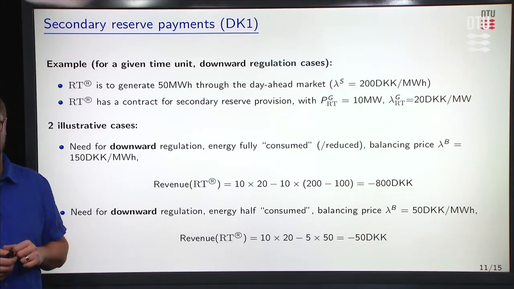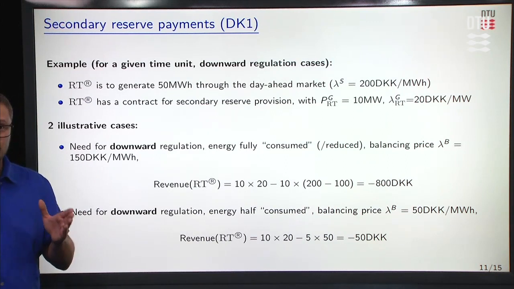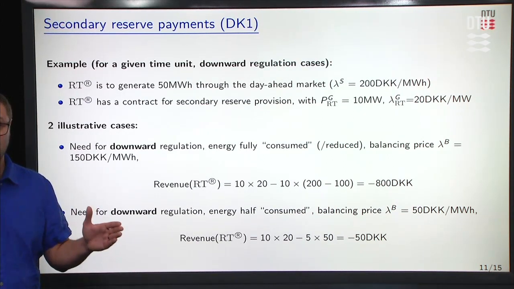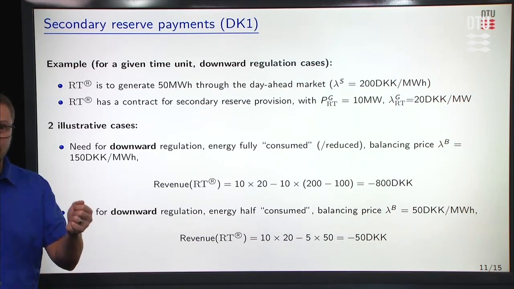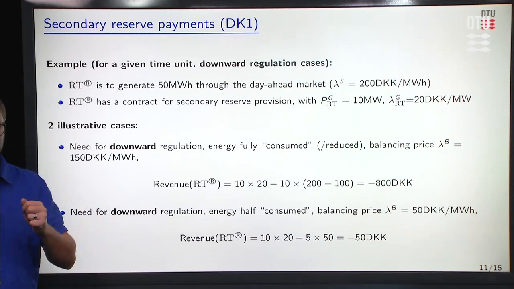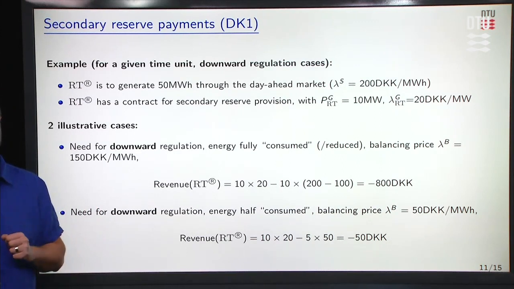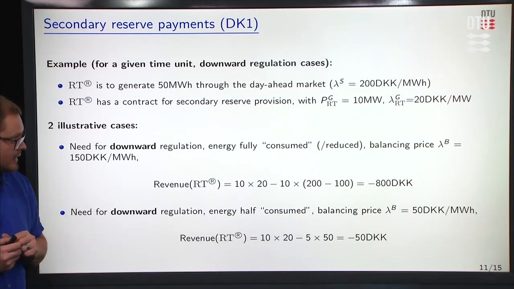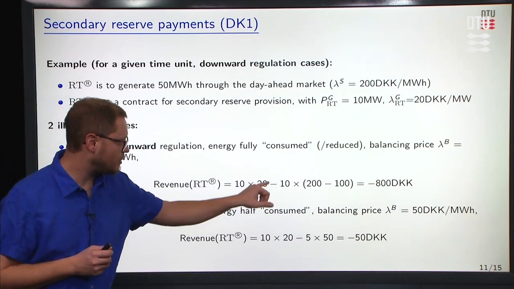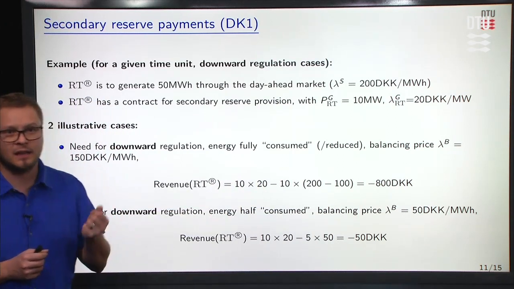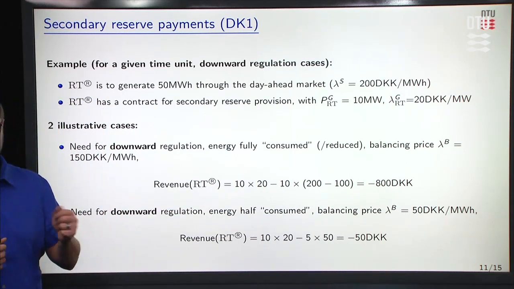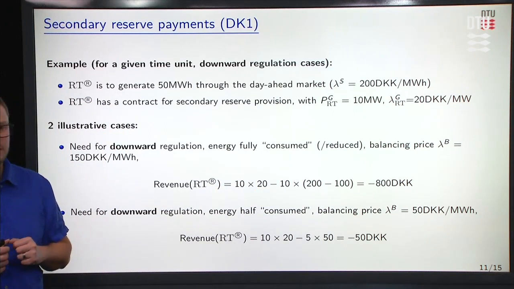The spread here is 50 kroner, while we should be ensured at least a spread of 100, so that when we pay back, the energy is at least 100 kroner cheaper than what we get paid for it. So in that case, the payment we receive for capacity is 10 times 20, the capacity times the capacity price.